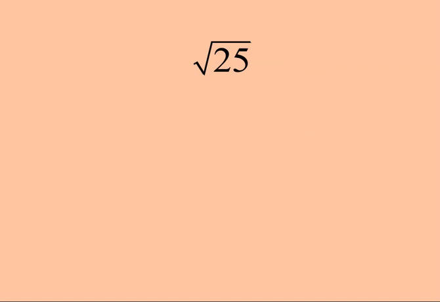As we said before, 25 is a perfect square, so if we want to go in the opposite direction and take the square root of 25, the number that we could multiply times itself to get 25 would be 5. So the square root of 25 is 5. The square root of 64 would be 8.